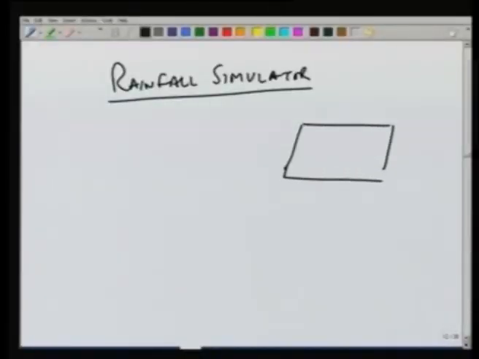A plot, again size generally would be about 4 meter by 2 meter. The rainfall will be simulated by putting some nozzles above this area.